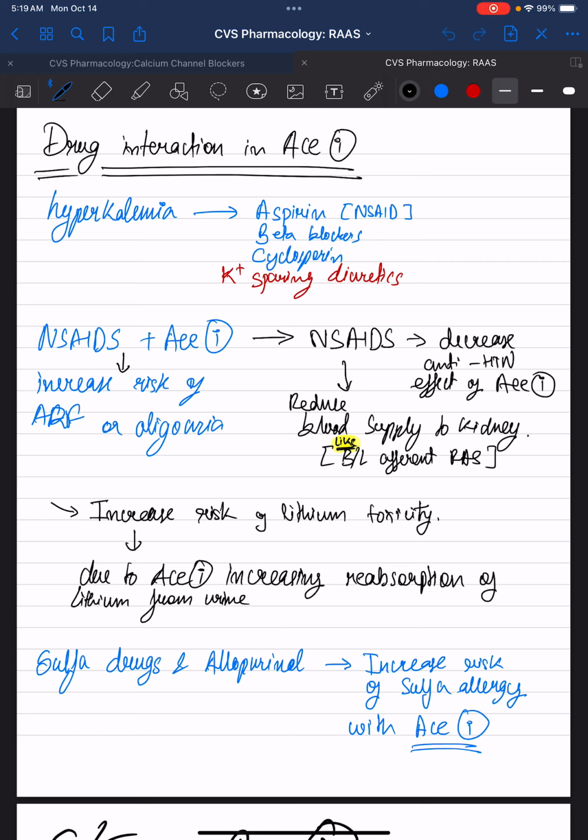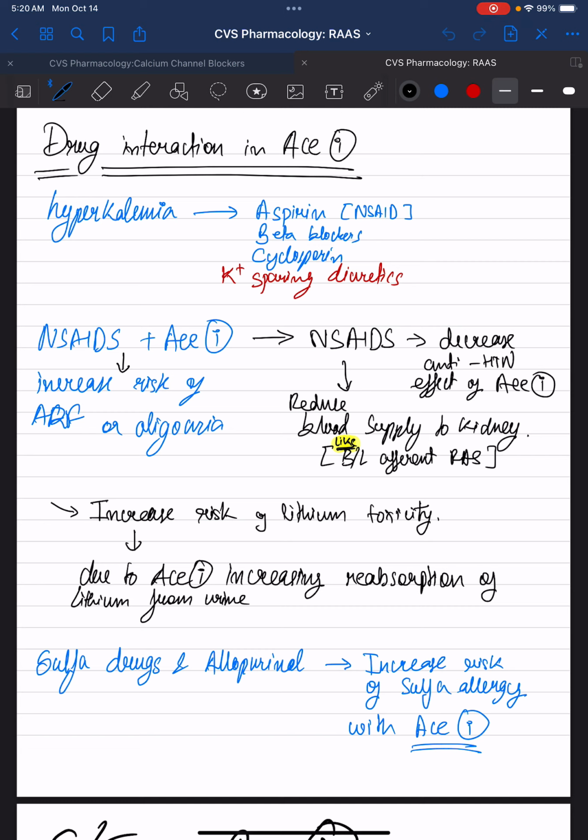Let's see what happens. What is the interaction between NSAIDs and ACE inhibitors? If you give NSAIDs with ACE inhibitors, it increases the risk of acute renal failure or oliguria because NSAIDs, non-steroidal anti-inflammatory drugs, decrease the anti-hypertensive effect of ACE inhibitors, and they also reduce the blood supply to the kidney.